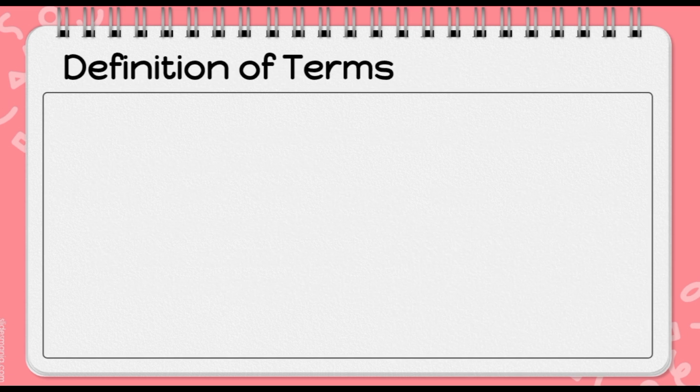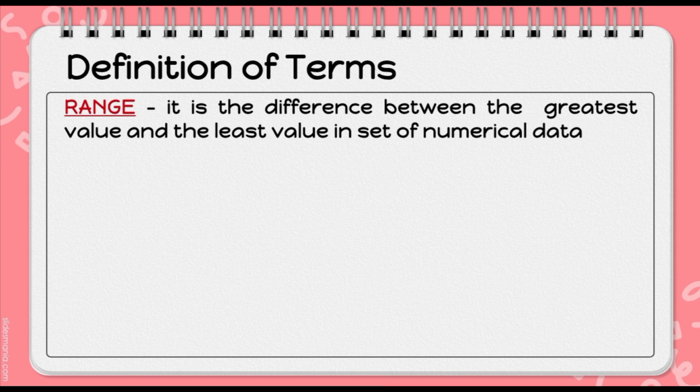So we have important terms that we need to know, especially in constructing frequency distribution table. First is range. When we say range, it is the difference between the greatest value and the least value in a set of numerical data. Second, we have class interval.